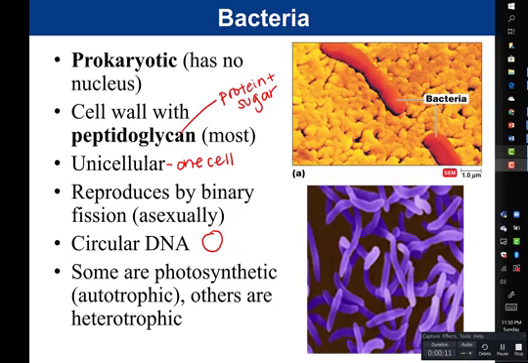Now, in terms of how bacteria get energy that they need, all organisms have to be able to take in energy. So in the case of bacteria, some bacteria are photosynthetic. What that means is that they do photosynthesis, and they are what we call autotrophic. Auto means self. Trophic is referring to feeder. Self-feeder.